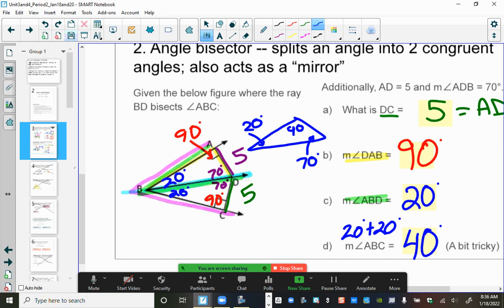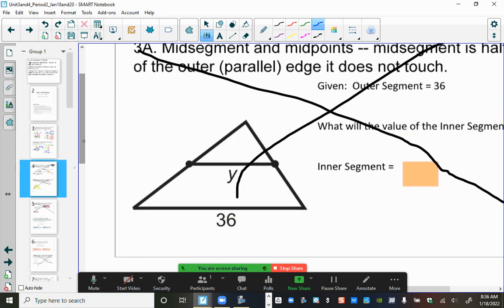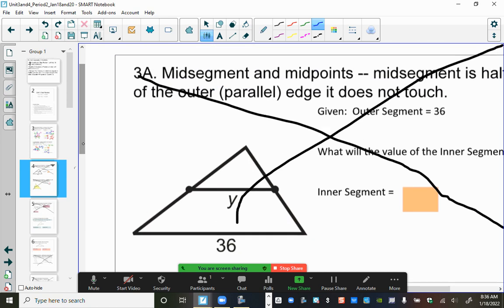All right, next couple. So on the next page, problem 3A and 3B, the mid-segment. Don't worry about them. Just put an X on them. So I'm telling you that right now. Put an X.